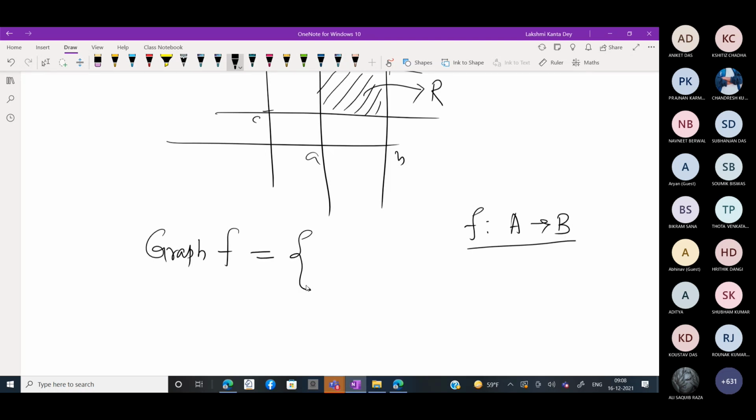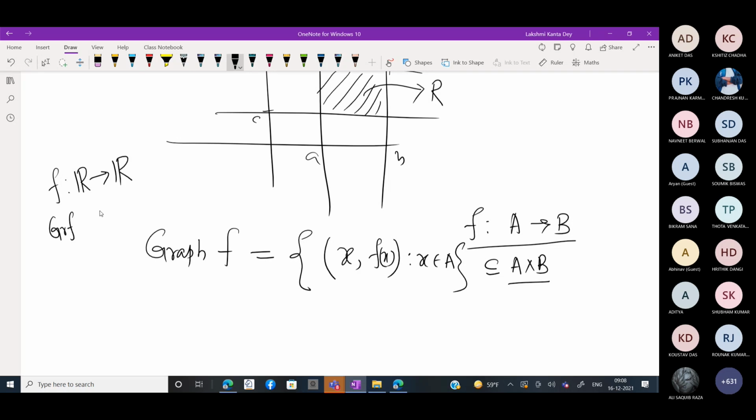This is nothing but the collection of (x, f(x)), where x belongs to A. That means it is a subset of A cross B. Now, whenever your function is from R to R, real line to real line, in that case the graph is a subset of R2. That means we can see the graph in the plane.